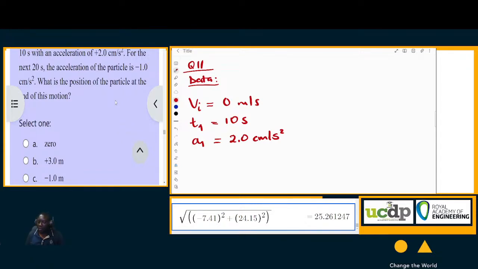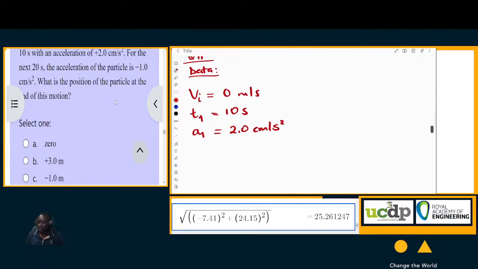Then for the next 20 seconds, so delta t1 is the first 10 seconds, and the next 20 seconds is the second part, as Roshan said. The acceleration in that second part of the motion is minus 1.0 centimeters per second squared.